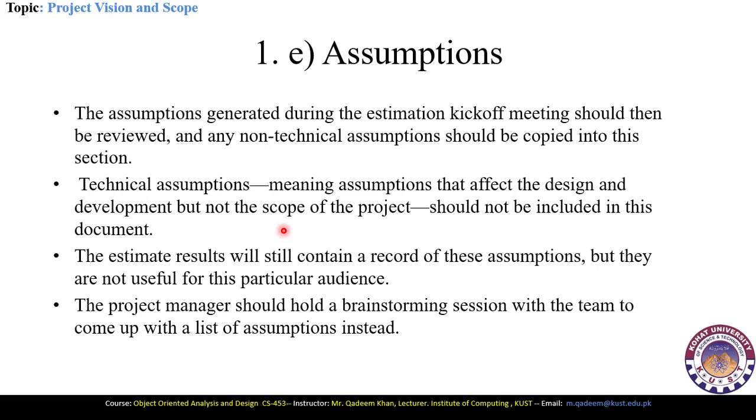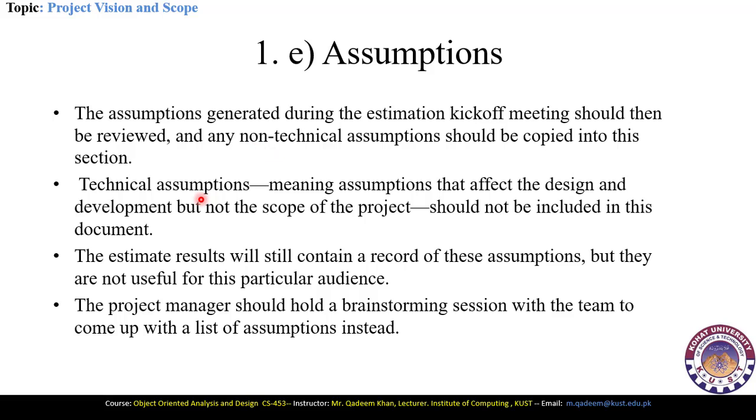The next section is the last section, which contains the assumptions. The assumptions are generated during the kick-off meetings with the different stakeholders. These assumptions can be reviewed, and any non-technical assumption should be copied into this section. The assumptions are another solution to the problems.